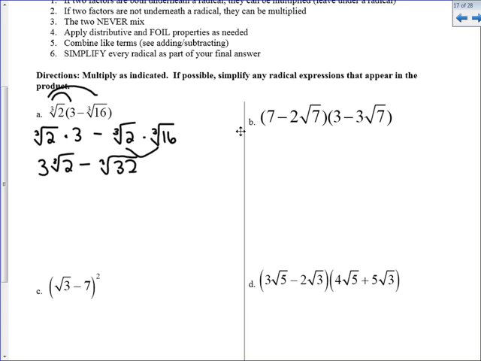The second part says to simplify any radicals if possible. So let's get these up here. Look at your list of perfect cubes and see if either of those can be simplified.